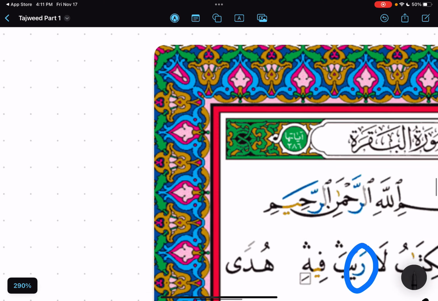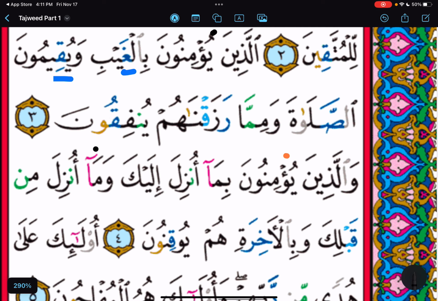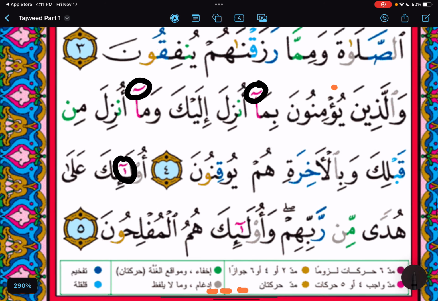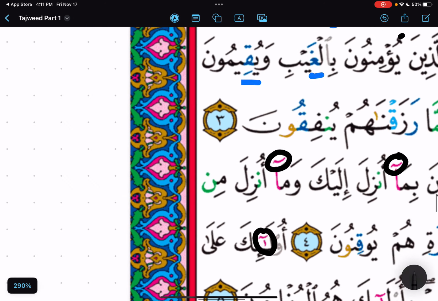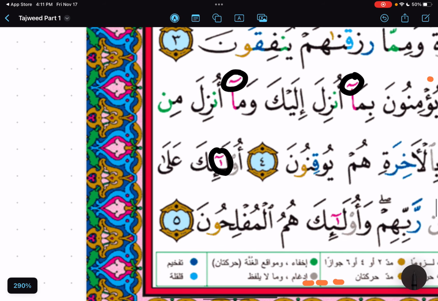And you can see over here that you have a couple of these, like wama unzilu or ulaika. So in the middle, we have muntasil and munfasil. Muntasil is connected.